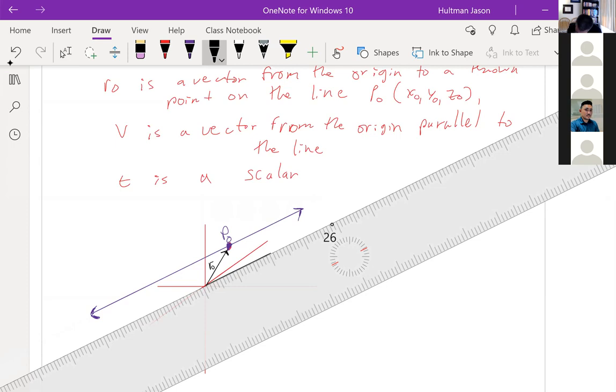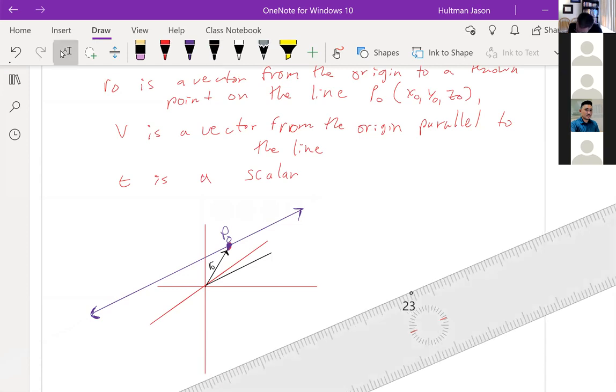This is vector V. It's in the same direction as the line.